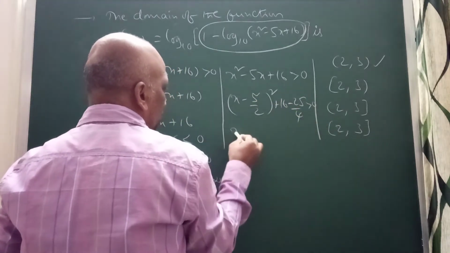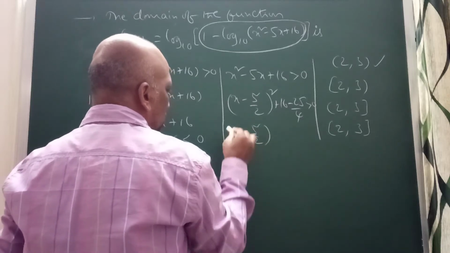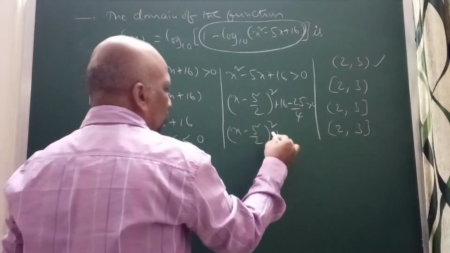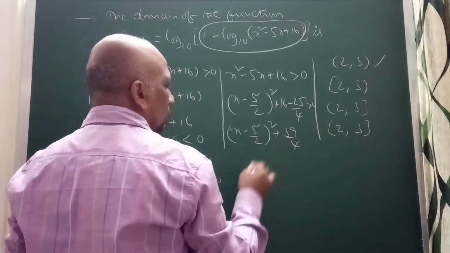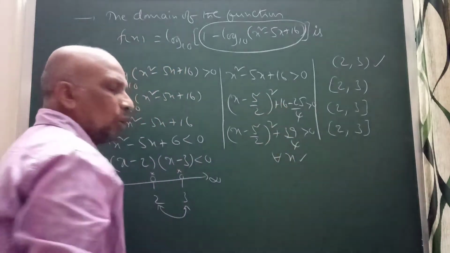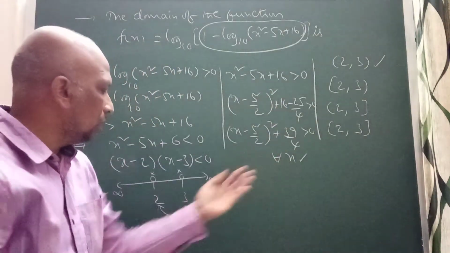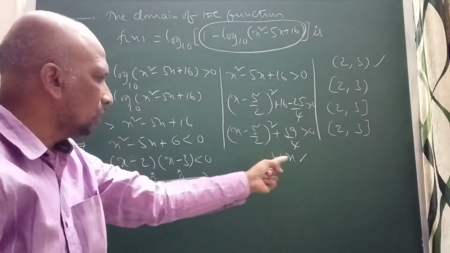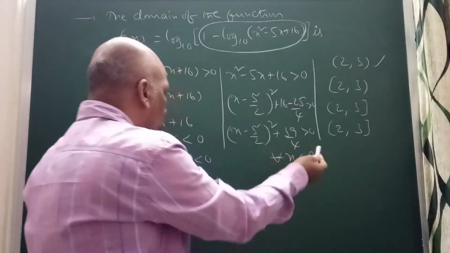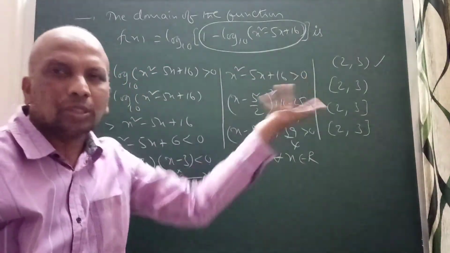So this will become (x minus 5/2) whole square plus 39 by 4. Correct? Always positive for all x. This is true for all x. Correct? If you think this way, same answer comes. This is for all x belongs to R, right? This is true. So the common part is only (2, 3), your answer.